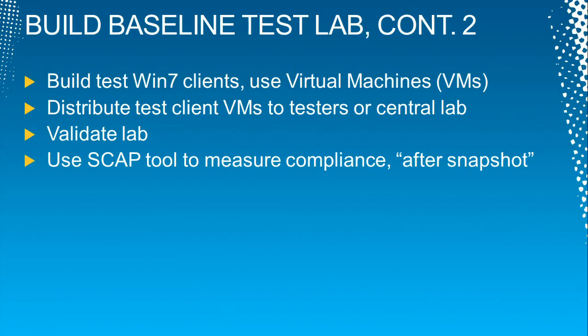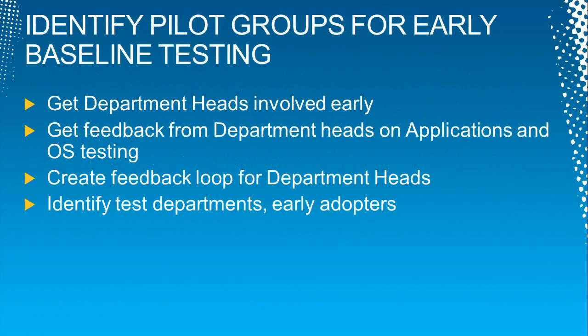Okay. So once we get our testers with all the settings on there, then we do our after snapshot, and now we're ready to start looking at the differences. We need to identify our groups that are going to test early, our early adopters. We need to get our department heads involved.